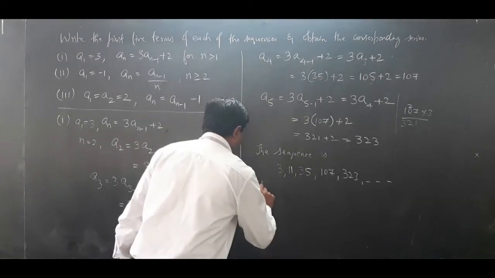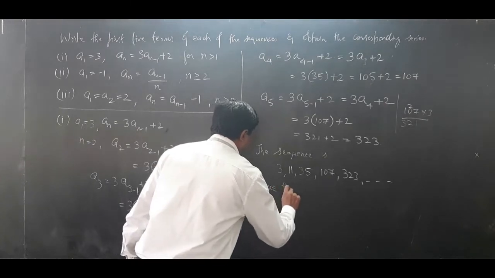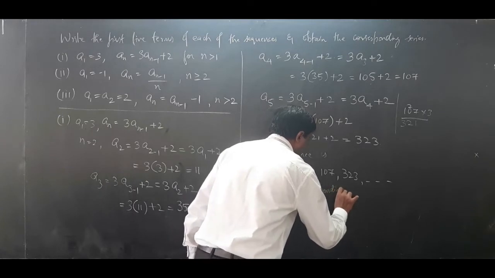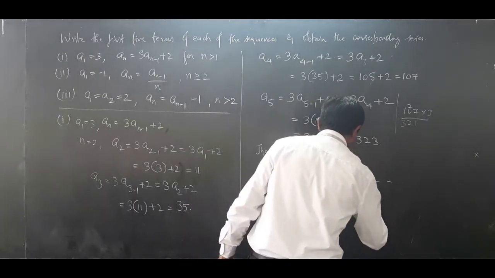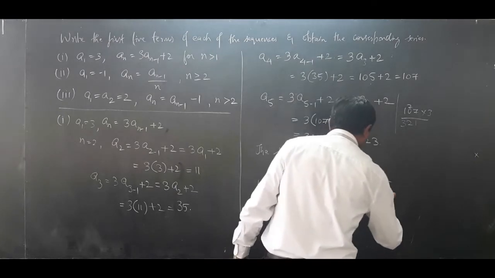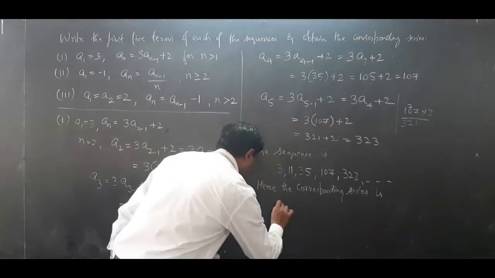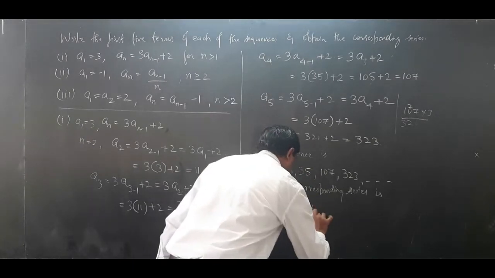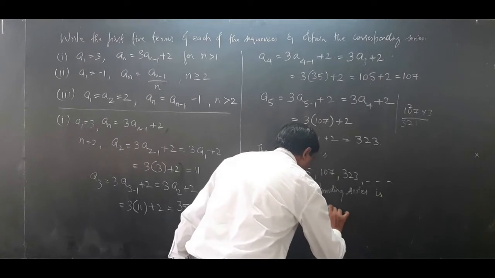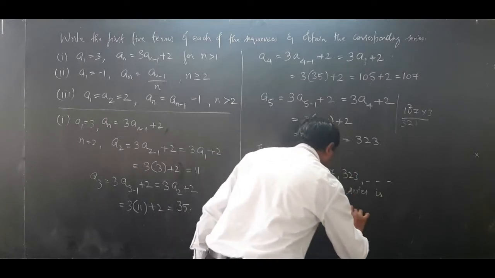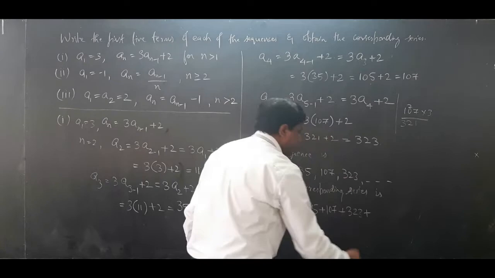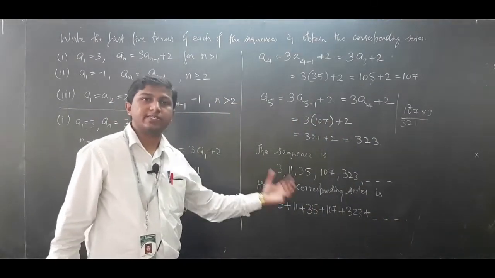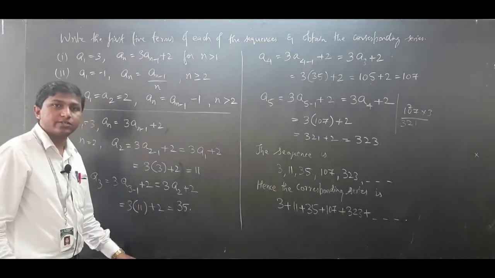So, hence, the corresponding series is 3 plus 11 plus 35 plus 107 plus 323 plus so on. That is the corresponding series of this particular sequence.